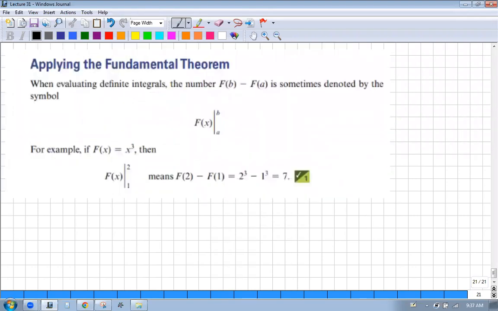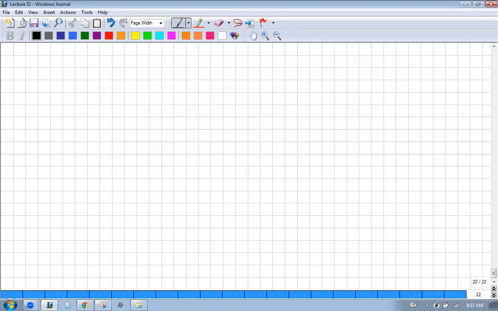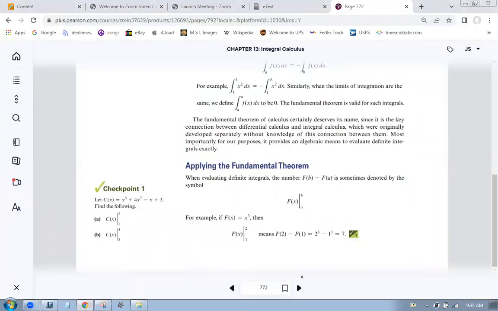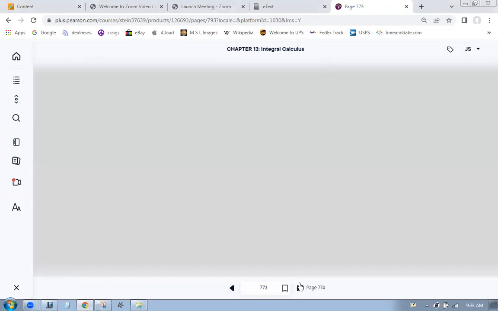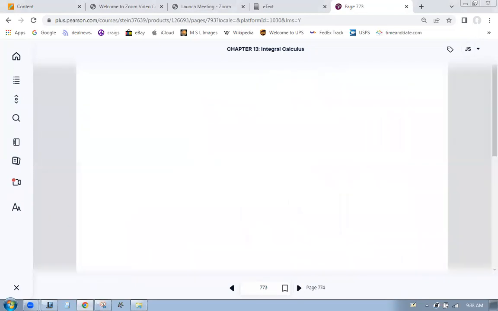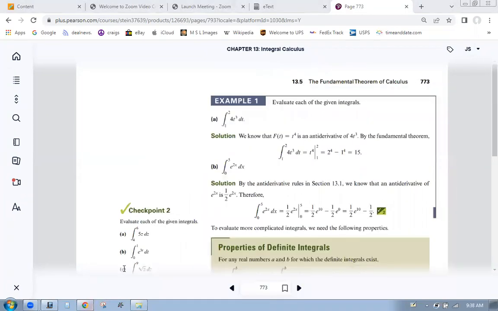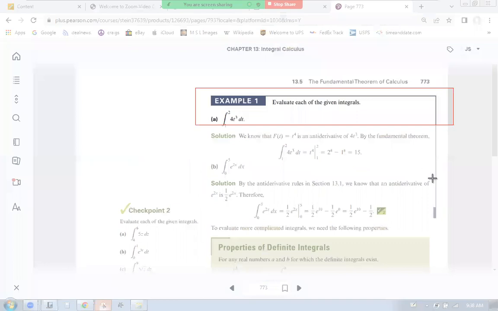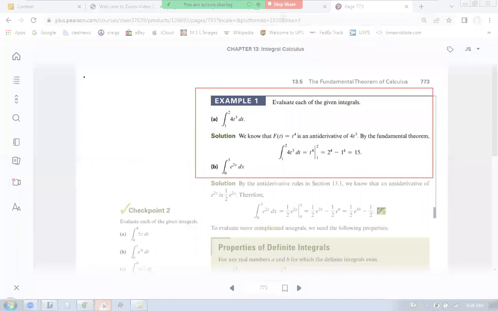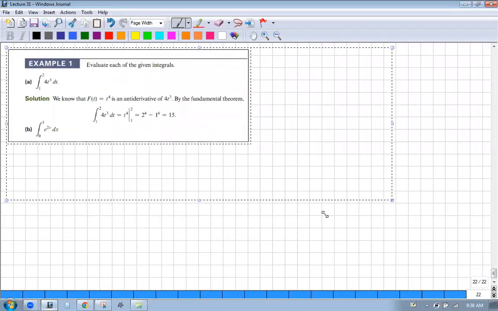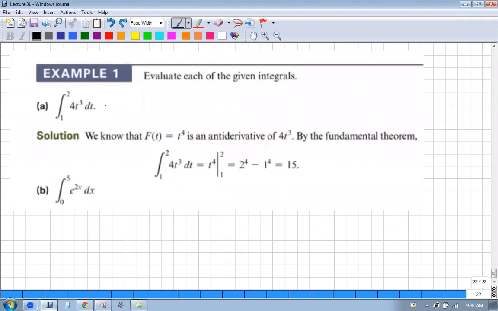All right, so here's that notation, right? You just plug in the 2, subtract, and plug in the 1. So this guy, we need to integrate.